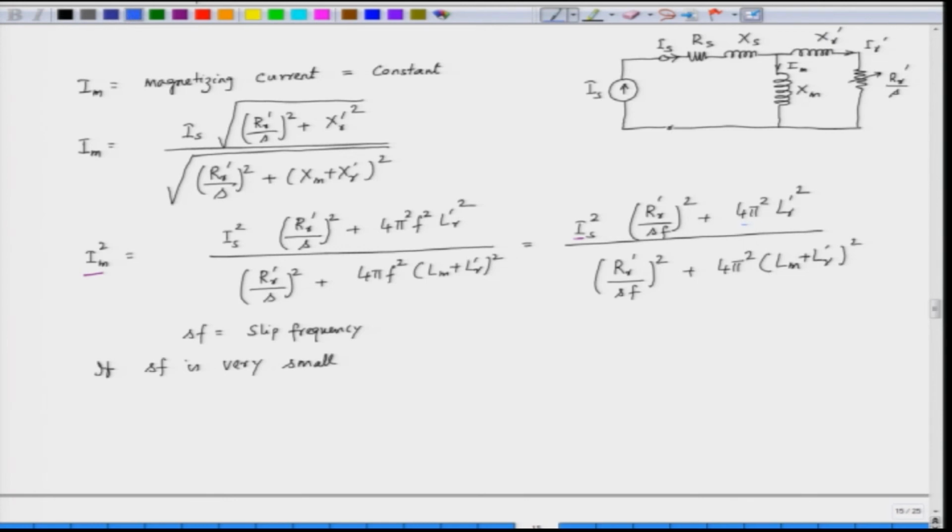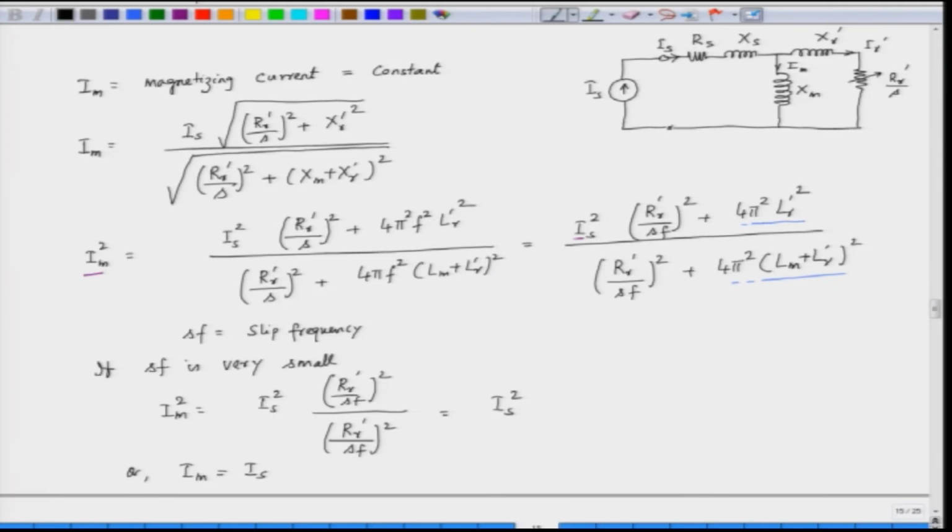These parts are small with respect to this, this is dominant here. So, this is also negligible. So, what we get here is the following, that Im square is equal to Is square into (Rr prime by Sf) whole square divided by (Rr prime by Sf) whole square, which implies Im equal to Is.